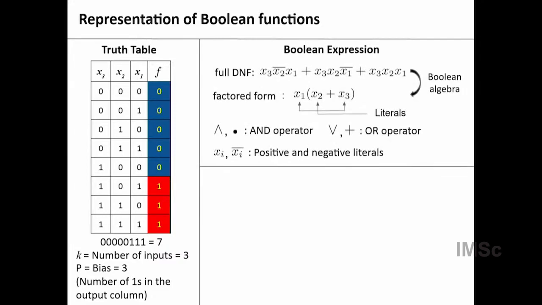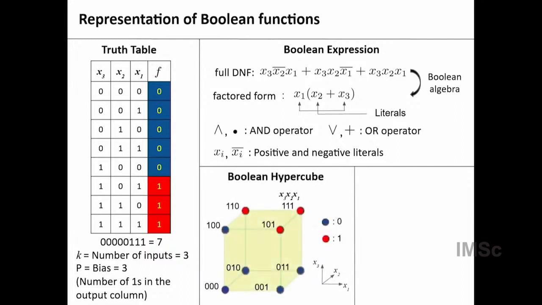The next one, which we have already seen, is the Boolean expression, where you have literals. This is a particular DNF corresponding to this truth table. Each of these clauses is a row with the output value of 1, and this expression can be factored to give a much smaller expression like so.